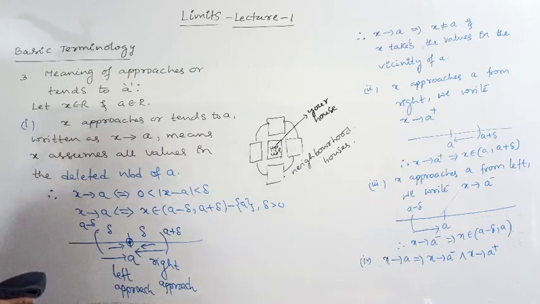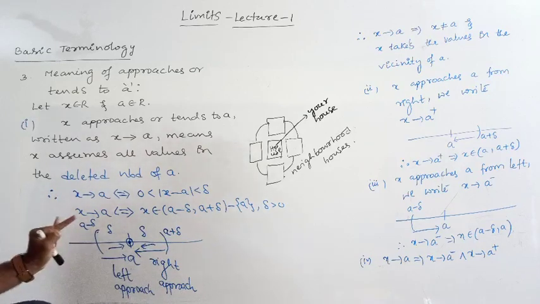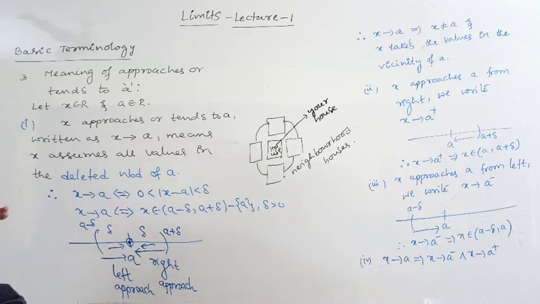So neighborhood of a point is over, deleted neighborhood of a point is over, meaning of approaches or tends to A is also over.